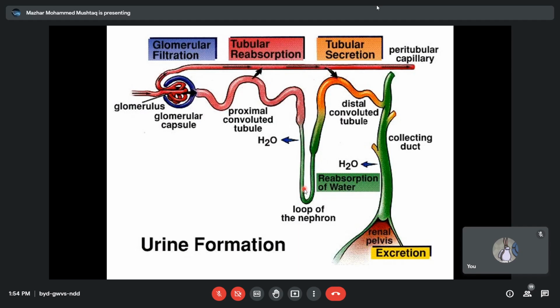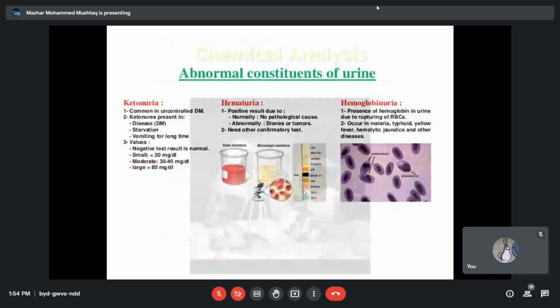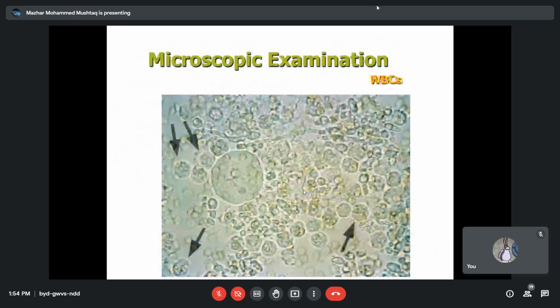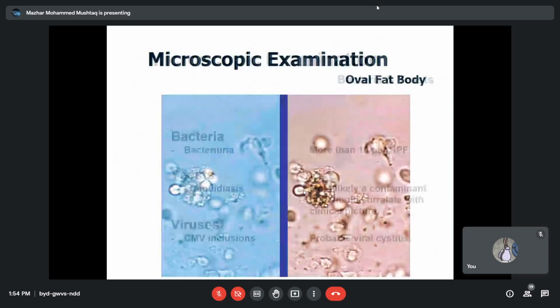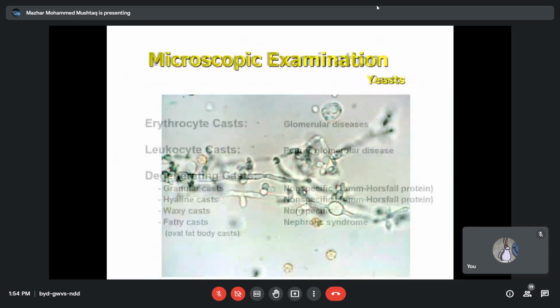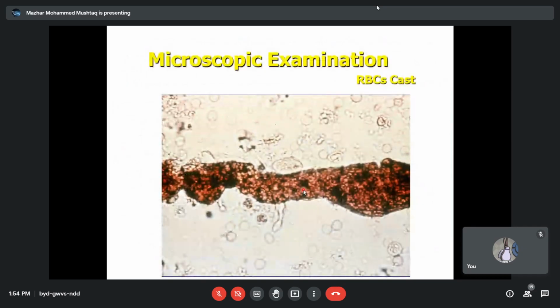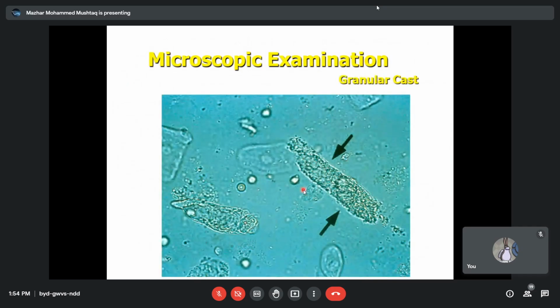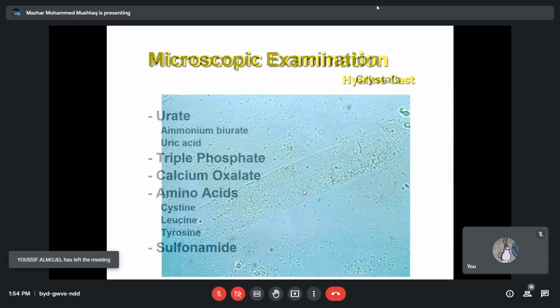So basically these casts are a fingerprint of the loop of Henle. So now you know how the casts are formed, and these are the different shapes of the cast and their color. This is the red blood cell cast, WBC cast, granular cast, hyaline cast.